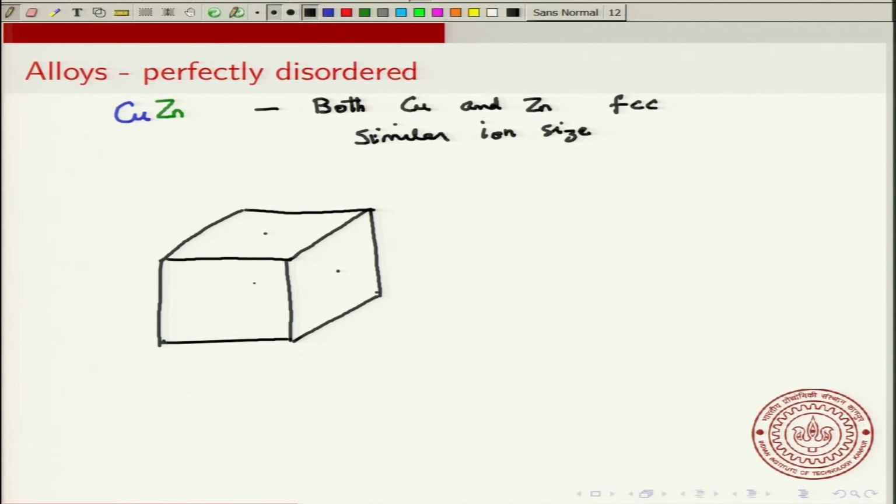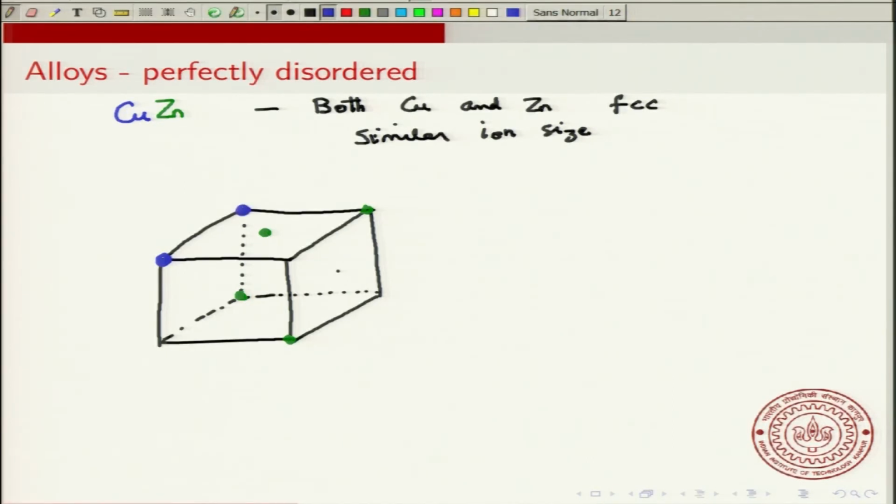Okay, I have a cubic close packed structure, but each and every site here is partially occupied either by copper or zinc. So, each site can have either a copper or a zinc, and it is perfectly disordered.